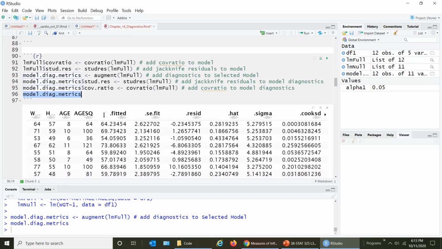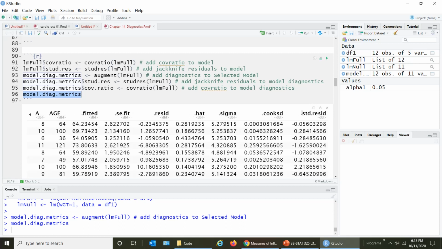And so we have our variables, and we have the predicted values or fitted, SE fit, so the standard error of the fit, residuals, hat, the hat leverages, sigma, Cook's D. We have standardized residuals, lots of things, but not everything that we want. I would like to have the Cov ratio, the covariance ratio, and the Jackknife residuals, or studentized residuals.